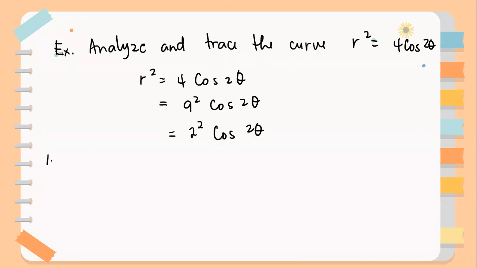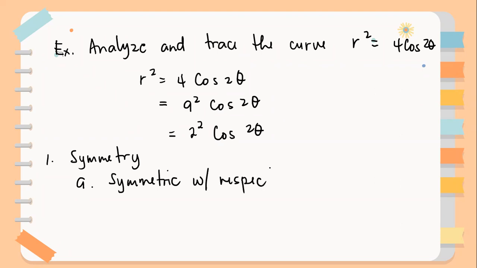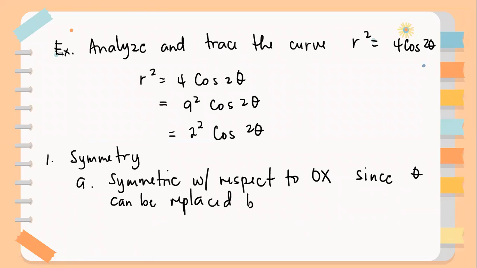Okay, for number 1, the symmetry. Letter A, symmetric with respect to OX, since θ can be replaced by negative θ.